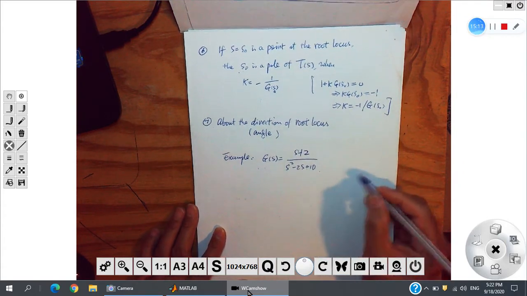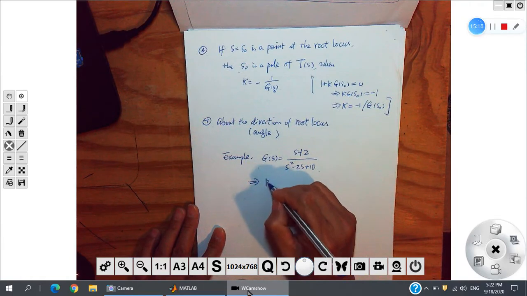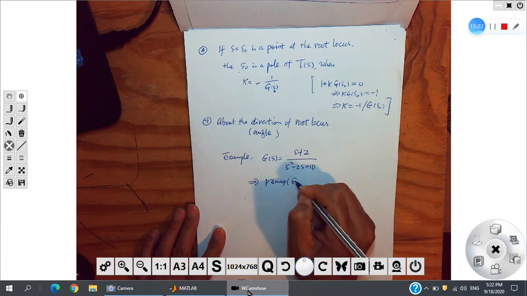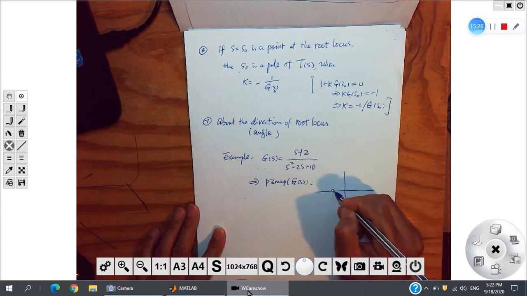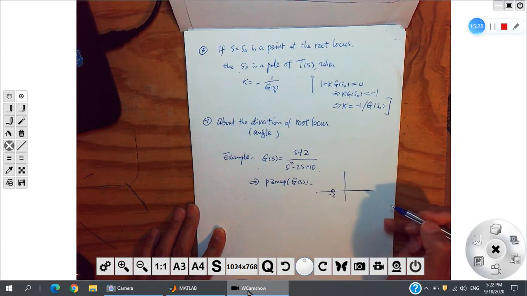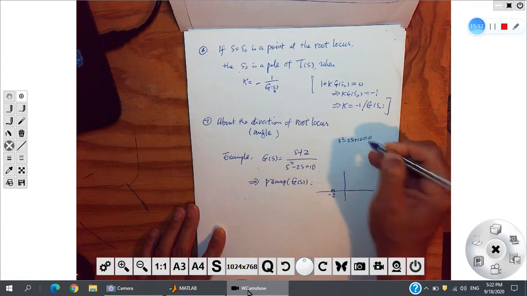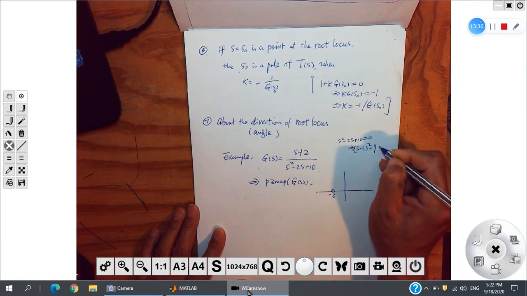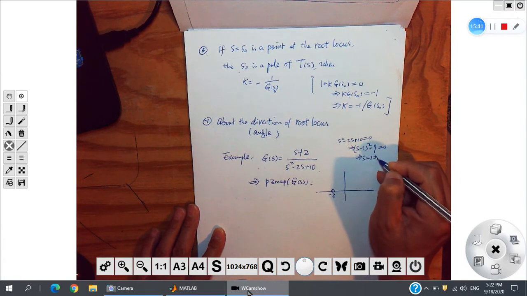Then we know the PZ map of G of s. We have a zero at negative 2. And s squared minus 2s plus 10 equal to 0 gives us s minus 1 squared plus 9 equal to 0. So s equals 1 plus or minus 3j. Sorry, it's 9, and the square root of 9 is 3, not square root of 3.